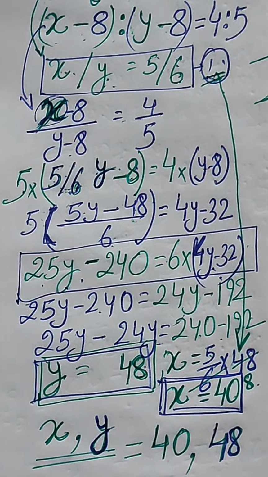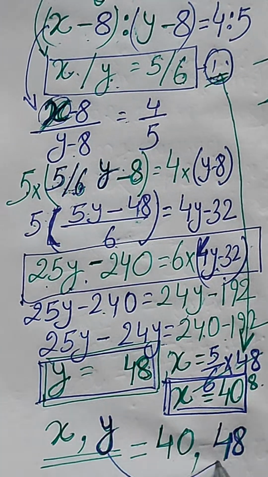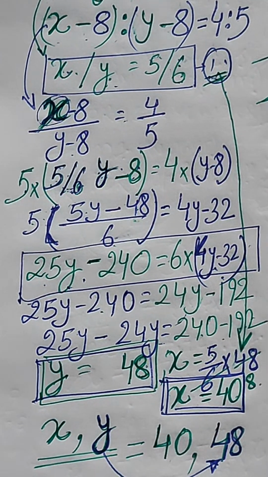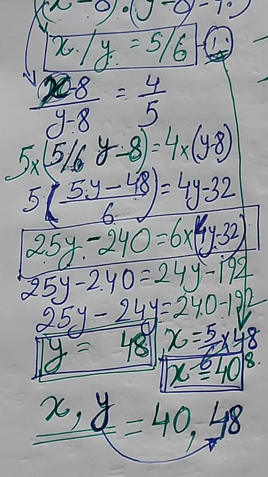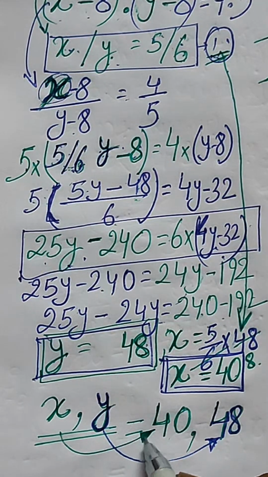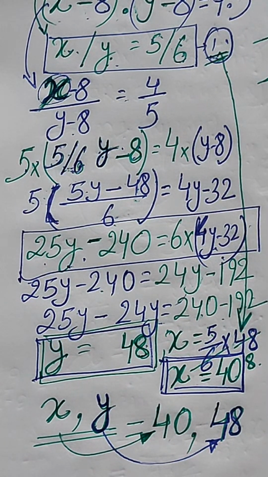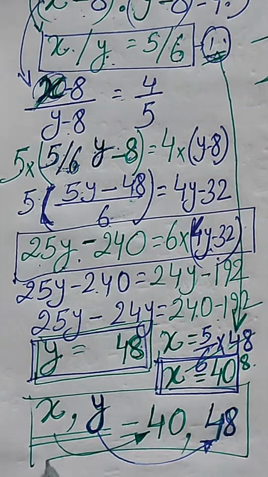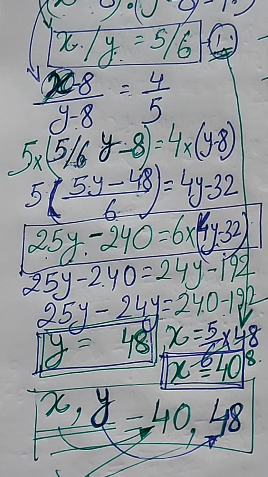Here I am writing with a different pen. 48 is the second number, right? And the first number is calculated as 40, right? So students, in this way we have solved this question, right?